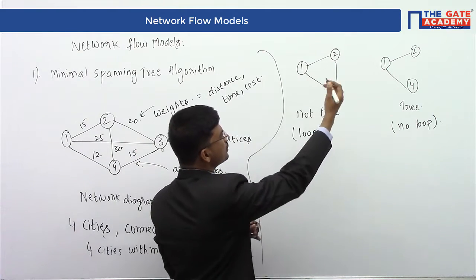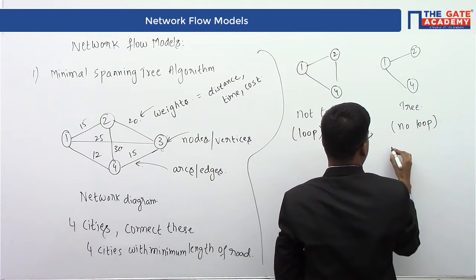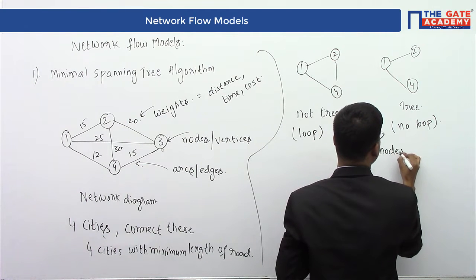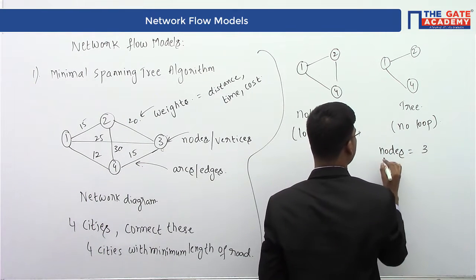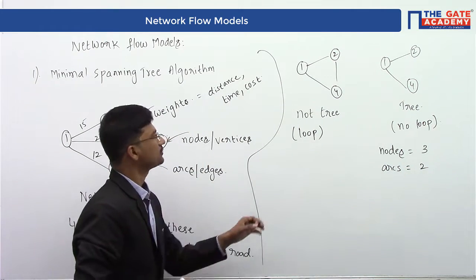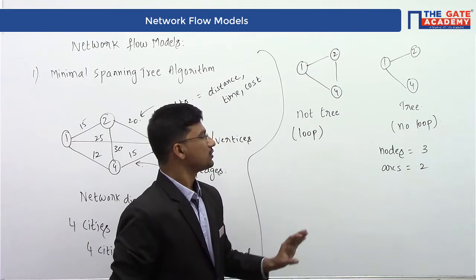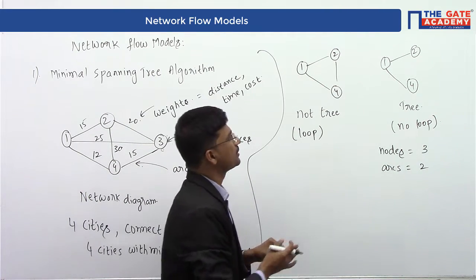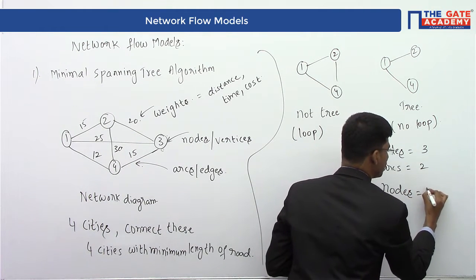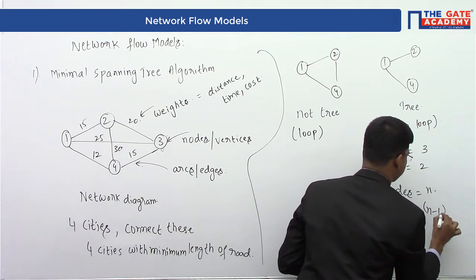Here there are nodes or vertices, so I am just writing nodes. There are 3 nodes and the number of arcs is 2, right? We'll try to generalize this. When there are n nodes, the number of arcs will be n minus 1.